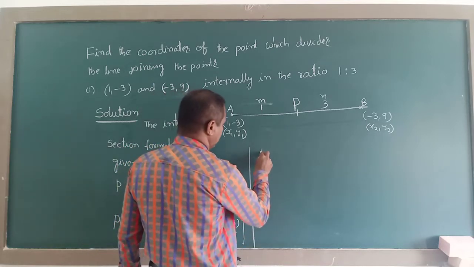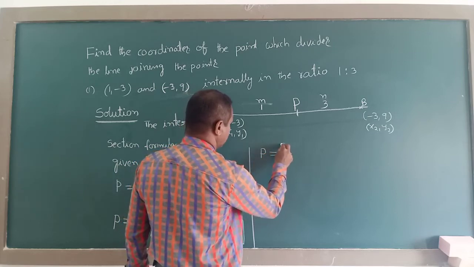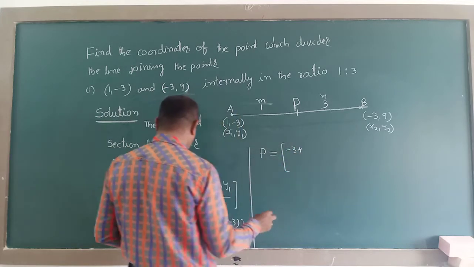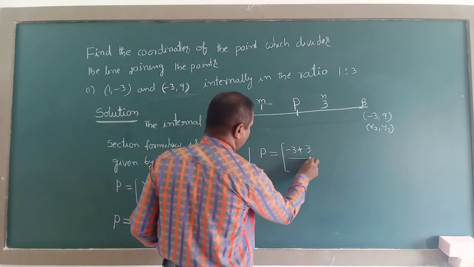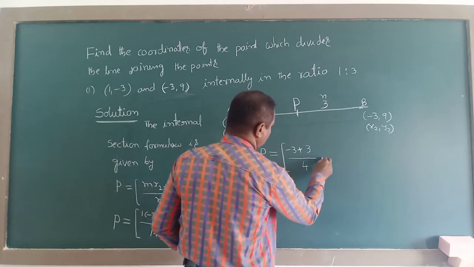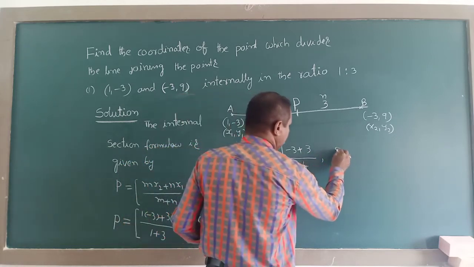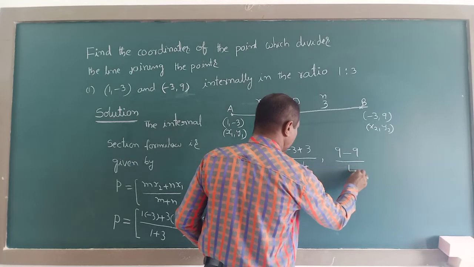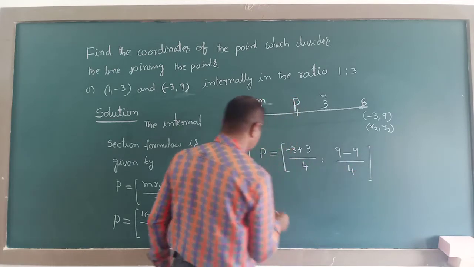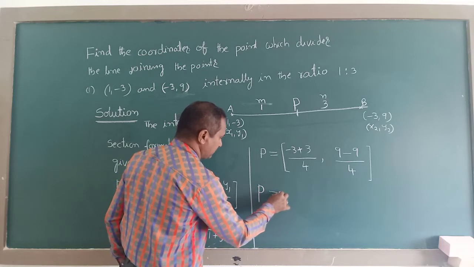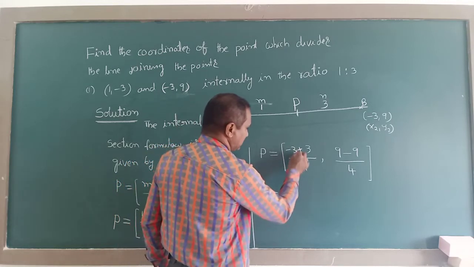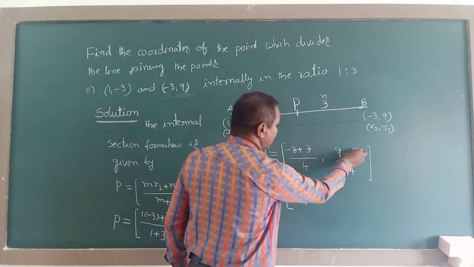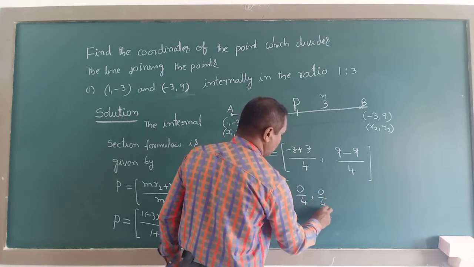That is, P is equal to 1 into minus 3 plus 3 into 1, whole divided by 1 plus 3 which is 4, comma, 1 into 9 plus 3 into minus 3, that is 9 minus 9, whole divided by 4. Minus 3 plus 3 cancel, so we get 0 by 4, and plus 9 minus 9 cancels, 0 by 4.